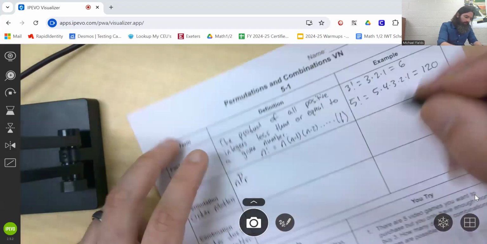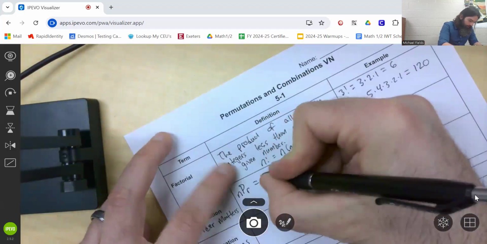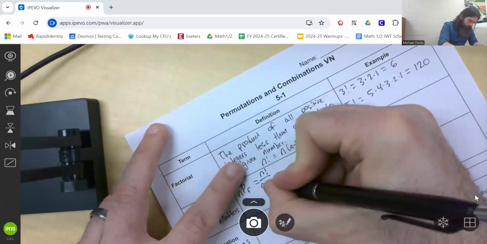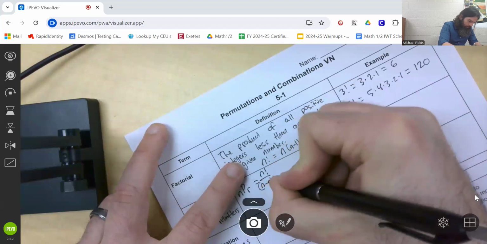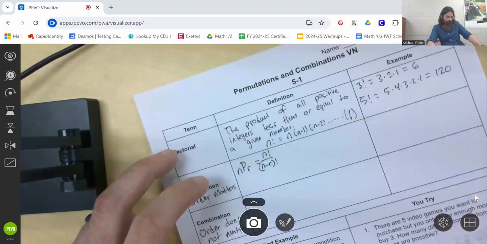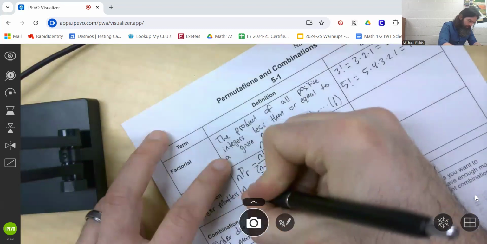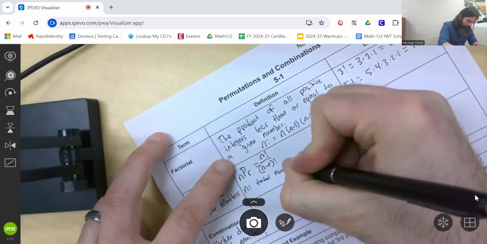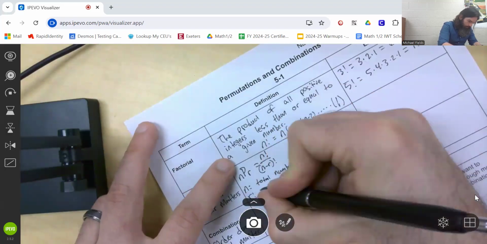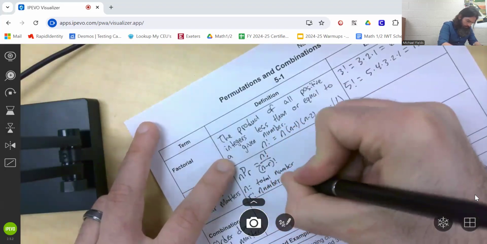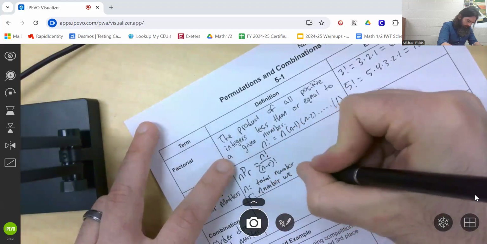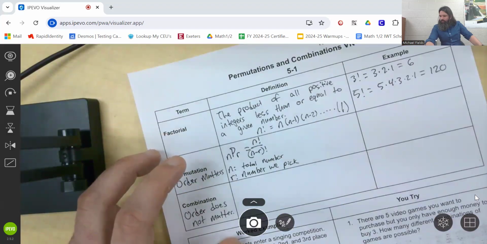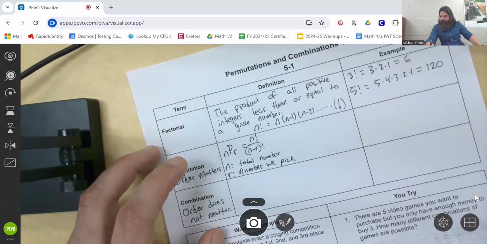The formula is n factorial over n minus r factorial. So n is the total number, r is the number we pick.